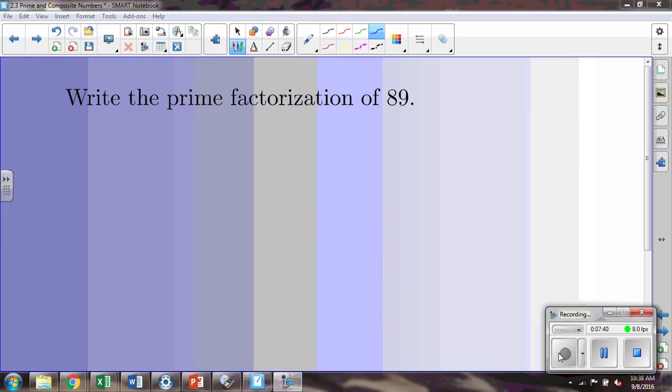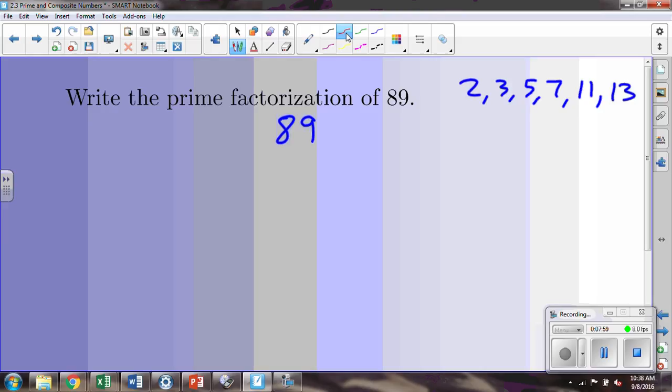What about here? 89. What is the prime factorization of 89? So when we start checking pieces, because it ends in a 9, 2 is not going to work.